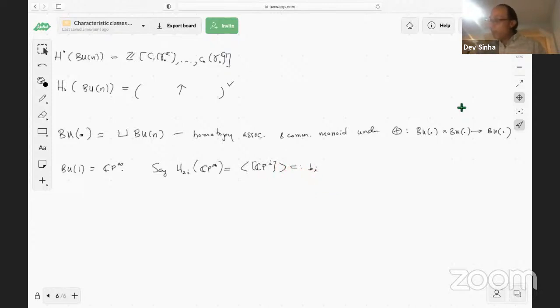So the first thing to say is that we've done a lot of work on cohomology, and that translates to saying a lot of the story on homology. So we've shown that the cohomology of BU_n injects into the cohomology of a product of BU_1s.